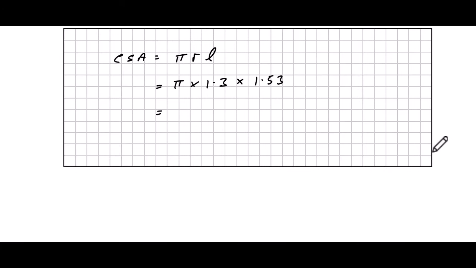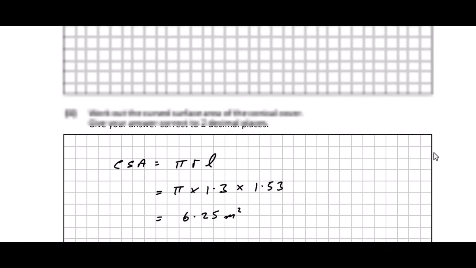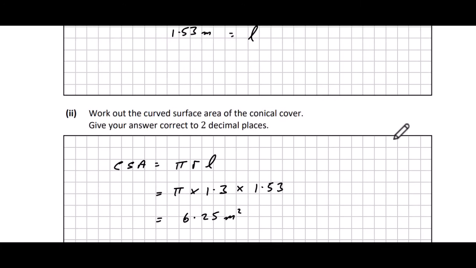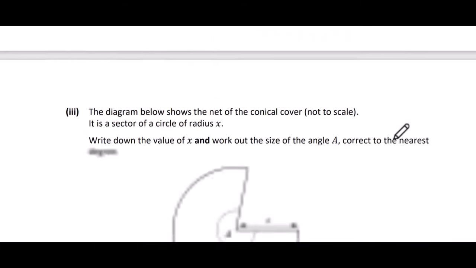So when you work out the curved surface area, you get 6.25 meters squared because it's area, and that is to 2 decimal places.